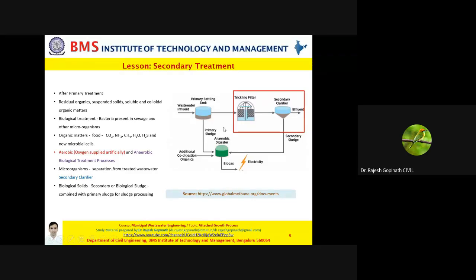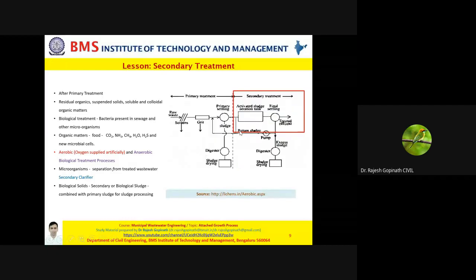So basically what happens is, after the treatment in your trickling filter or activated sludge process, whatever the treatment may be, the supernatant goes to your secondary clarifier and sludge formation takes place. So trickling filters or activated sludge processes are primarily responsible for treating the wastewater. Their main focus is not the settling or removal of sludge.